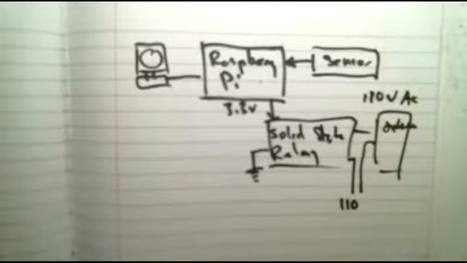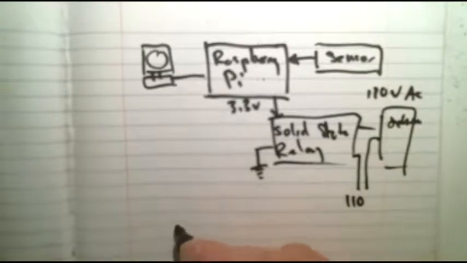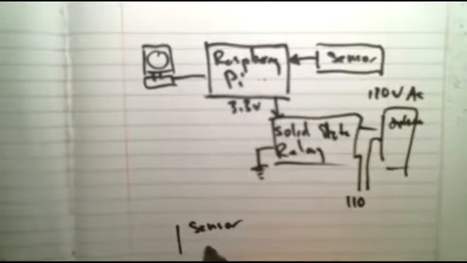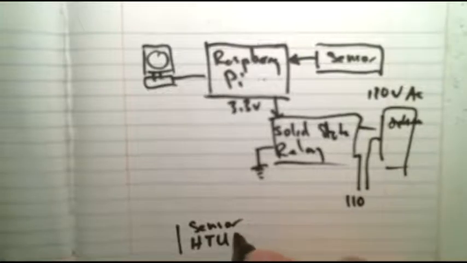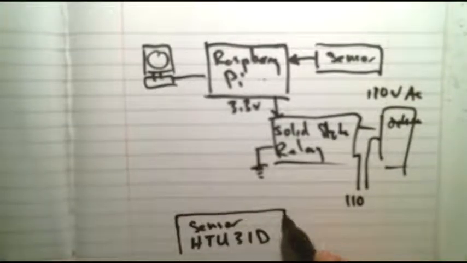Now we're going to talk about the circuit that we're going to use. I want to have a board that has the sensor, and the sensor that we want to use looks like the HTU31D relative humidity and temperature sensor, from, I forgot the name of the company.